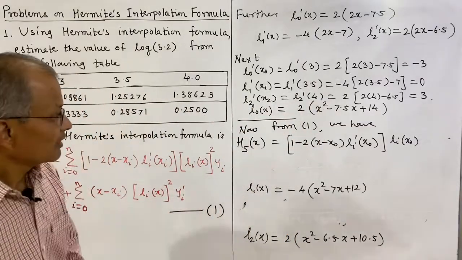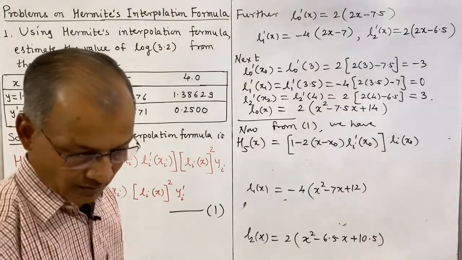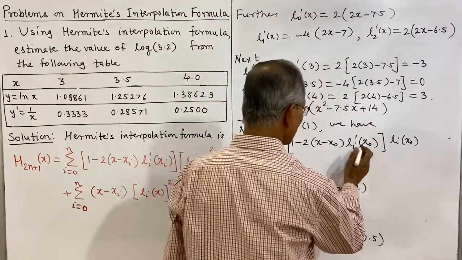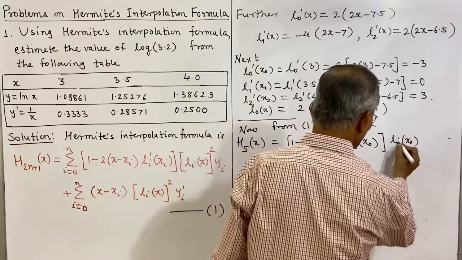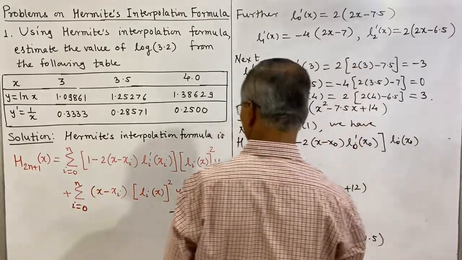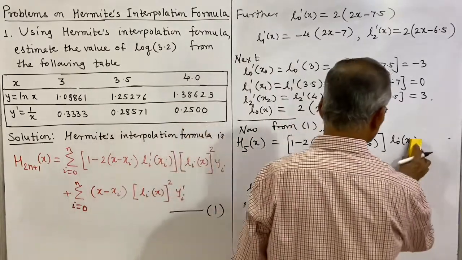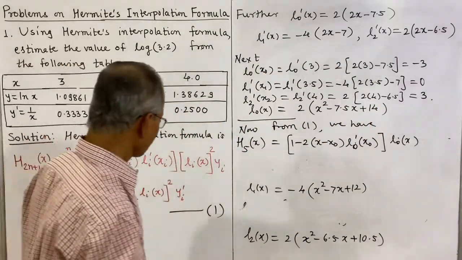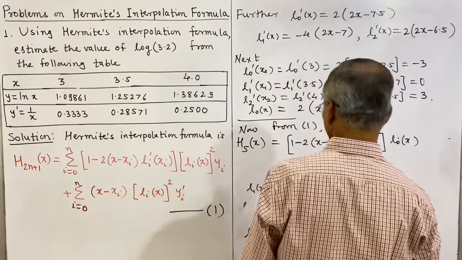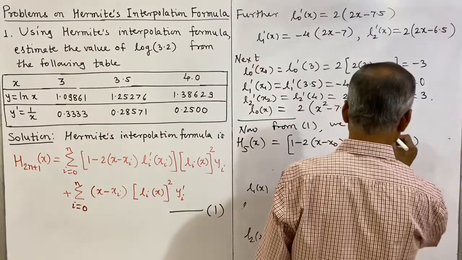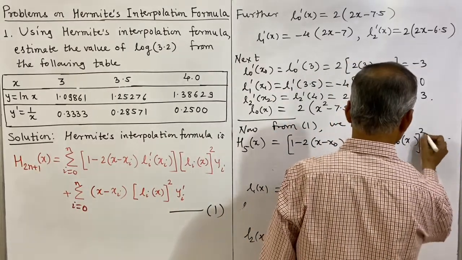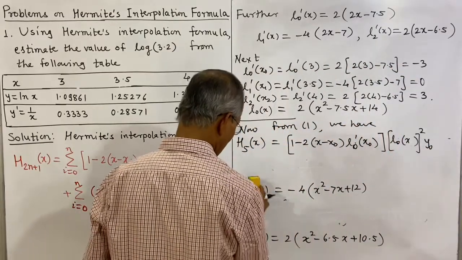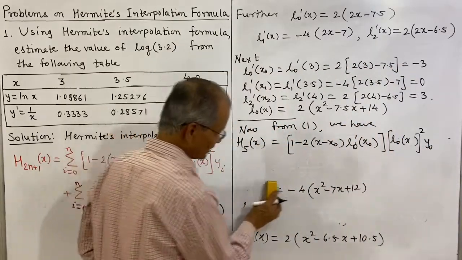And the next term is L naught x only, i is 0, that is the first expression, L naught x whole square into y naught, that is the first term, and I have the values here, so I shall write here.